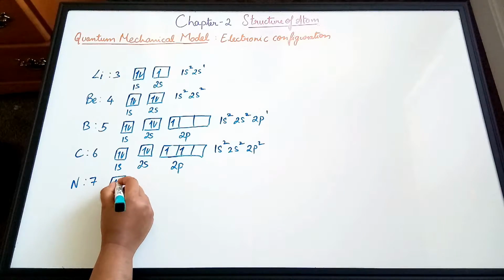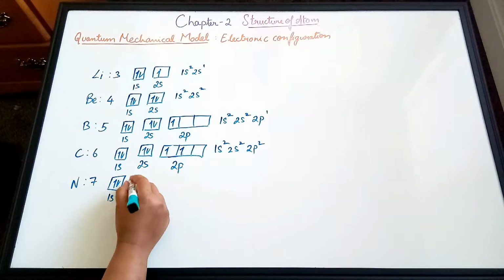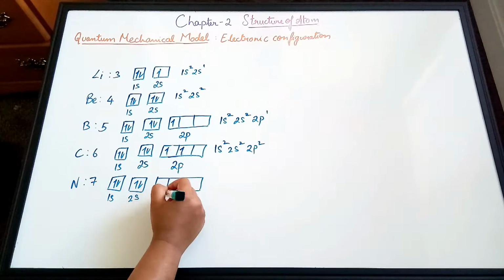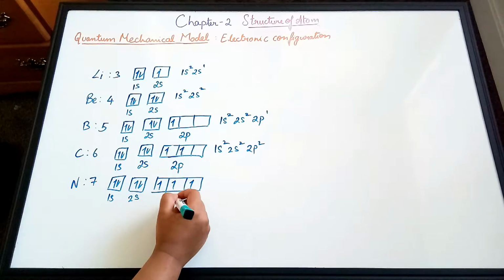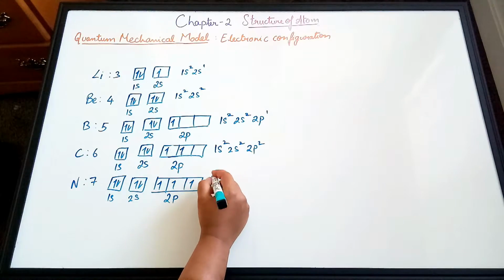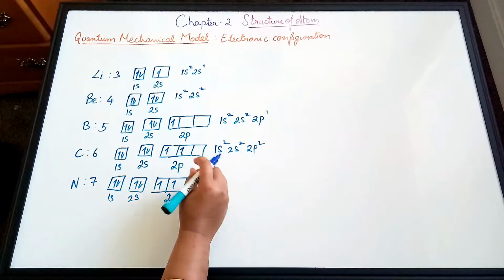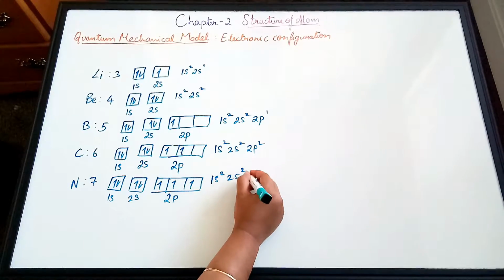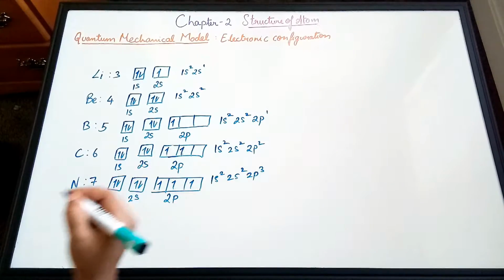For nitrogen, 1s is full, then we fill in 2s, which is also full. Now in 2p, we will not be pairing up the electrons, but we will be filling in the individual orbitals. So 1s2 2s2 2p3.